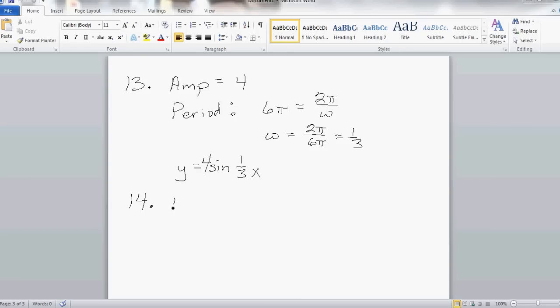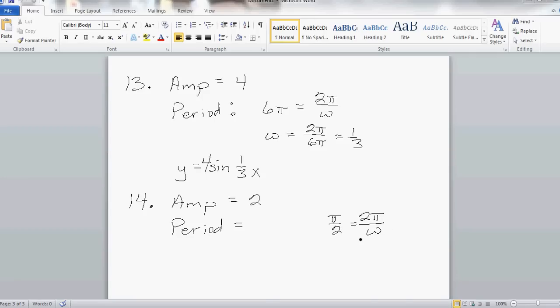What I'm seeing here, the amplitude goes from a -2 to a +2, and so the amplitude would be 2. The period from one upper crest to another upper crest appears to be pi over 2. So that means 2 pi over omega is going to equal pi over 2, because I can tell that the entire period is pi over 2.